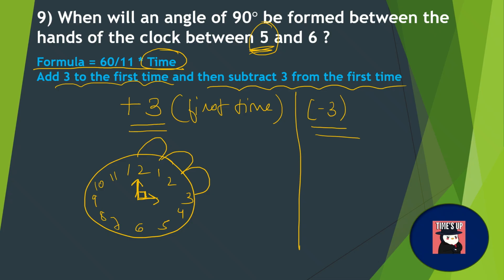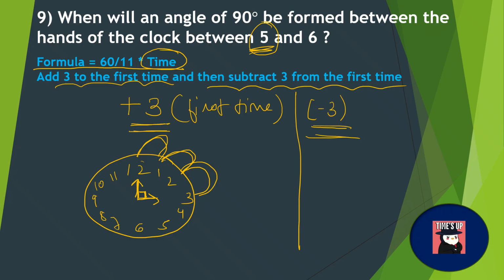Correct? So how many hours do we need to go to reach 3? 12 to 1, 1. 1 to 2, 2. 2 to 3, 3. Correct? So it will be 1, 2, 3. So that's why we add 3 and subtract 3 to the first time. That's how plus 3 and minus 3 comes in case of a right angle.